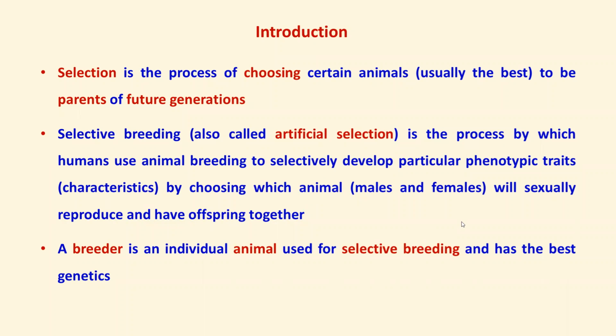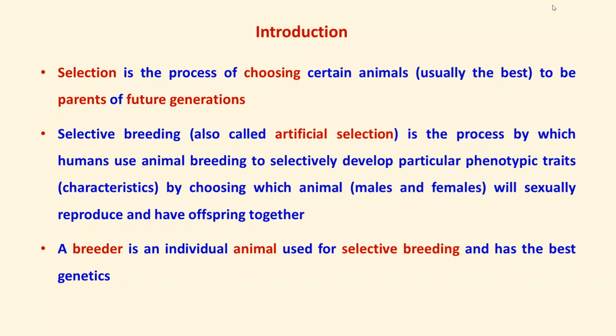Likewise, your herd will be improved by subsequent selection. By subsequent selection year after year, your herd will be improved for that specific trait for which you are doing the selection of male and female.